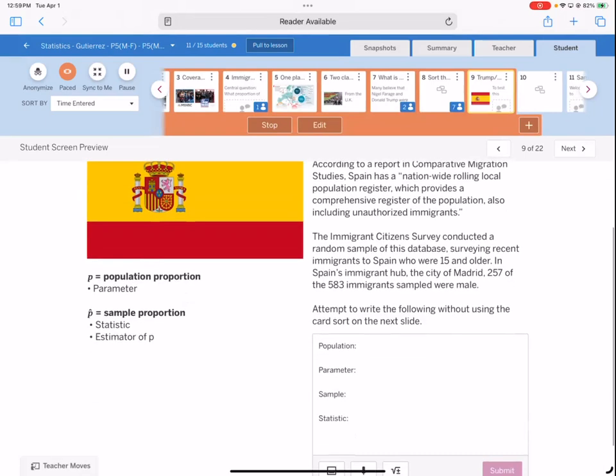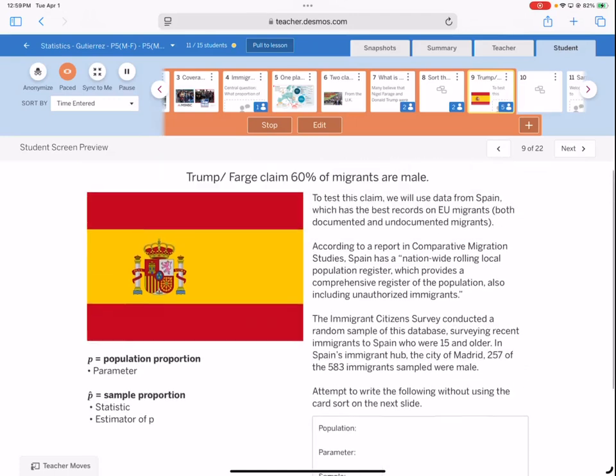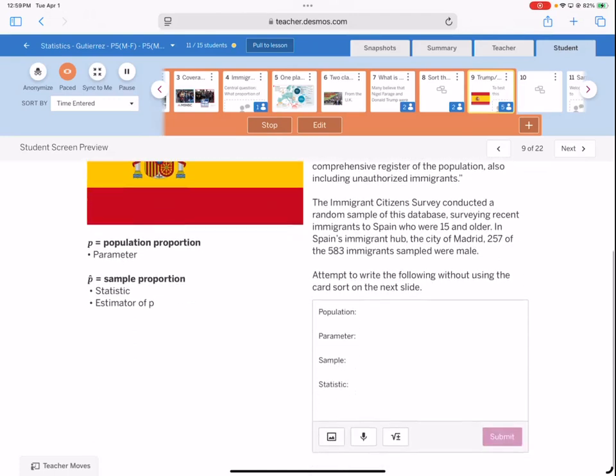All right, so in this problem, going on to slide 9 now. This was data that we had gotten. The Immigrant Citizen Survey conducted a random sample of this database, surveying recent immigrants to Spain who were 15 and older. 257 of 583 immigrants sampled were male. We're just seeing how investigative statistics actually works.